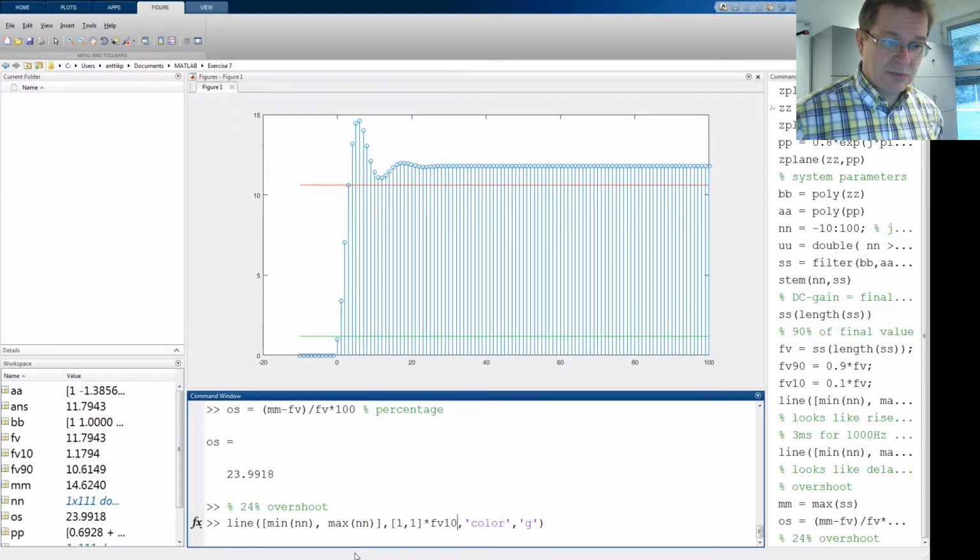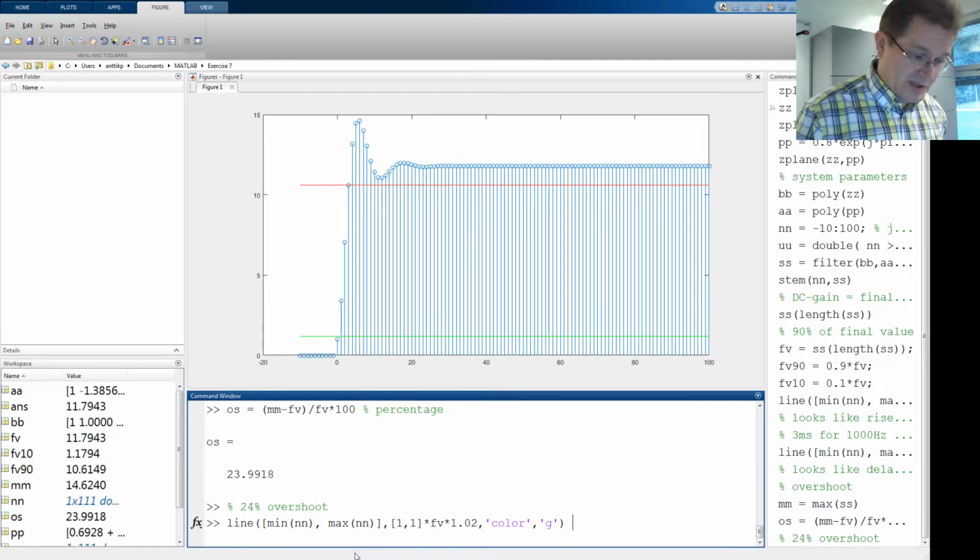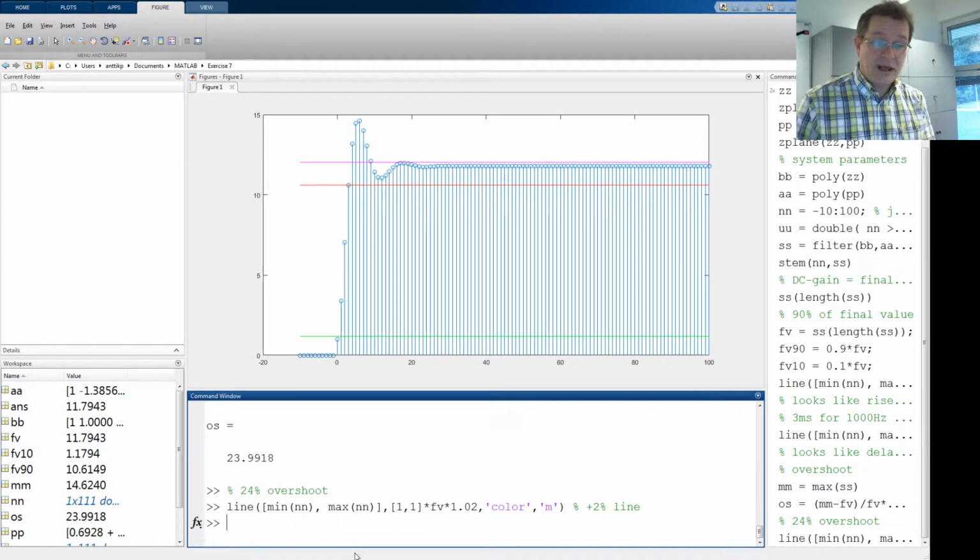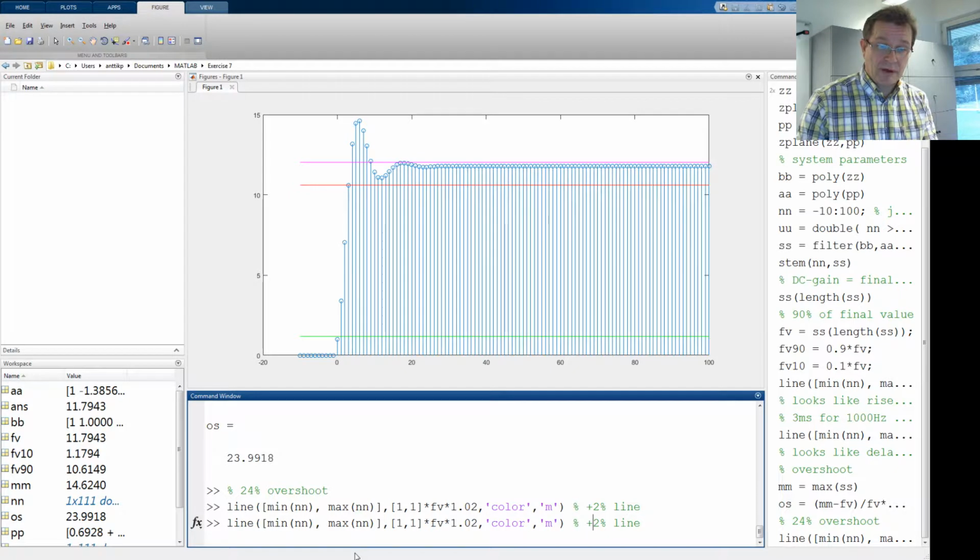Well, I'll just add more lines here, times FV times 1.02. That's the 2% plus line. Okay, green, maybe magenta there. And then of course we need to also put the minus 2% line here.